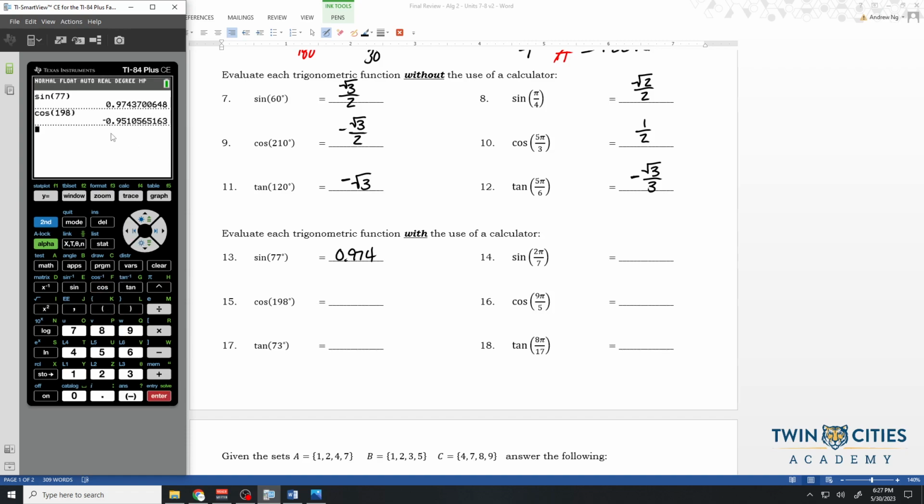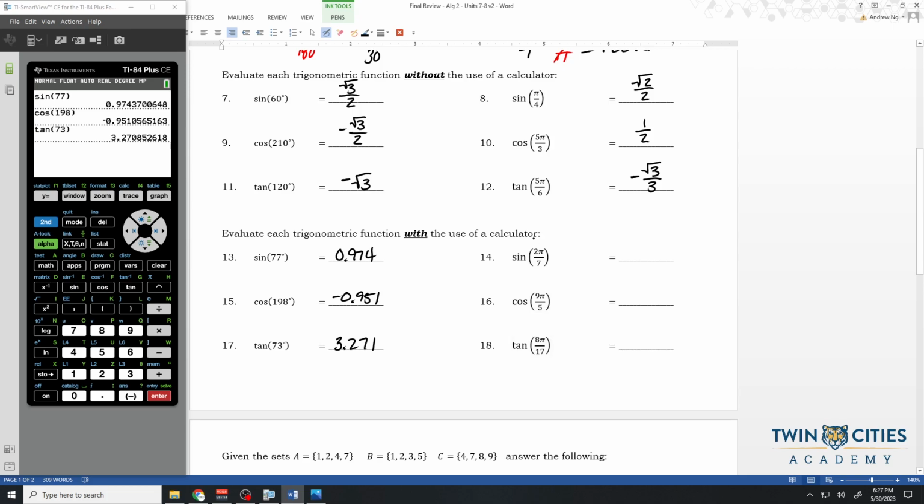This is negative 0.951. Tangent of 73 degrees is 3.271. Rounding that 0 up because of the 8 after it.